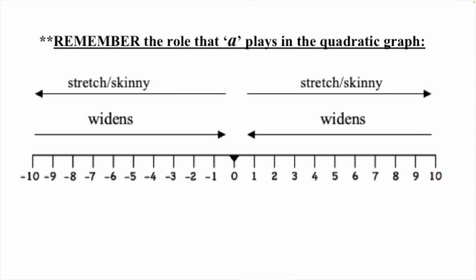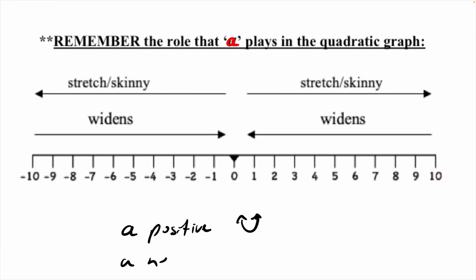I have a little thing. This is the bottom of your notes. A's role: there's a reason why there's an A in every form, because A has many important jobs. First of all, it's going to decide whether it's arrows up or arrows down. If A is positive, it's going to be arrows up.